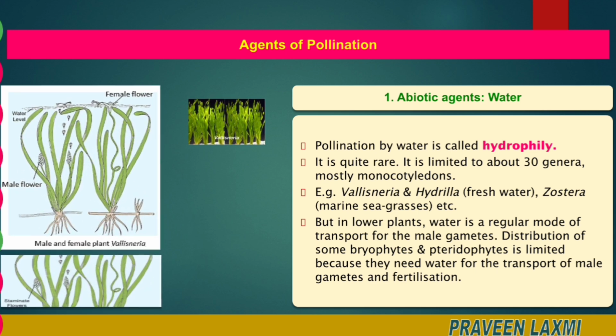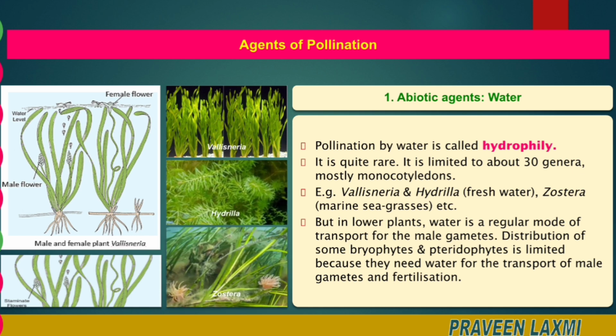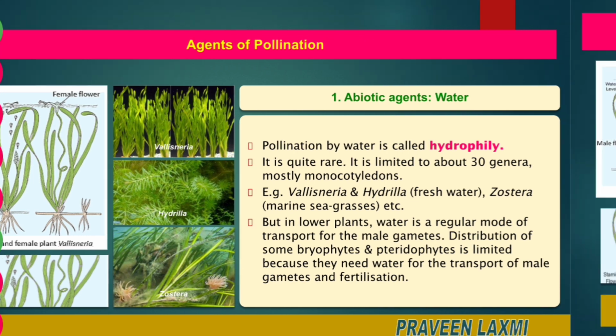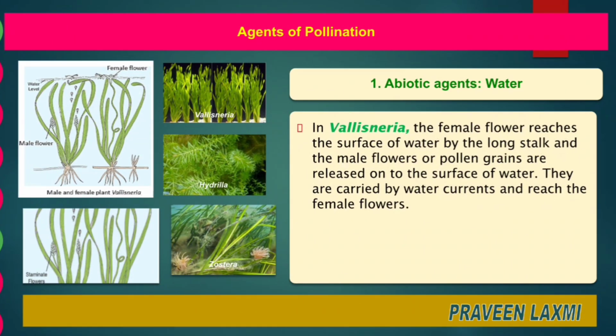So now we are going to discuss how pollination takes place through water in Vallisneria and Hydrilla. First, let us discuss Vallisneria. In Vallisneria and the seagrass, or Zostera, the pollination is totally different. Let us discuss what way it is different.